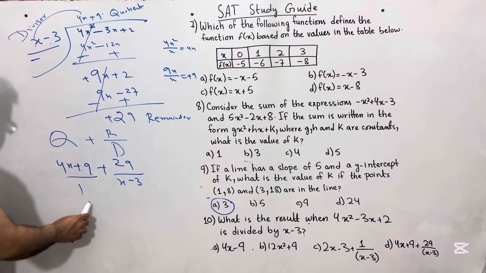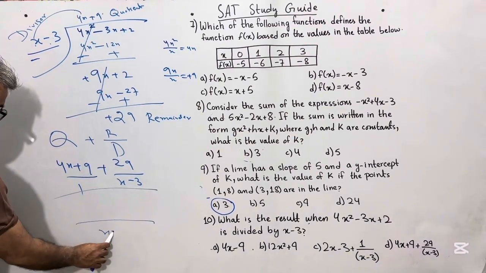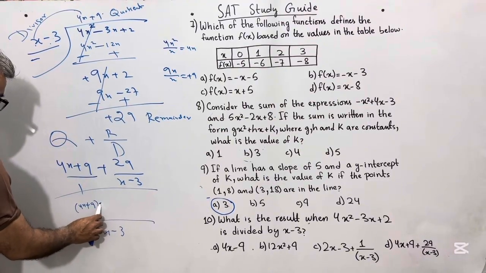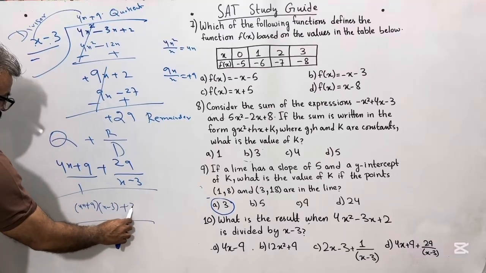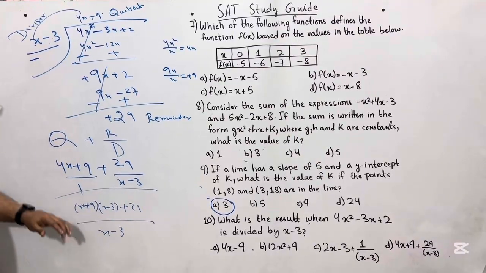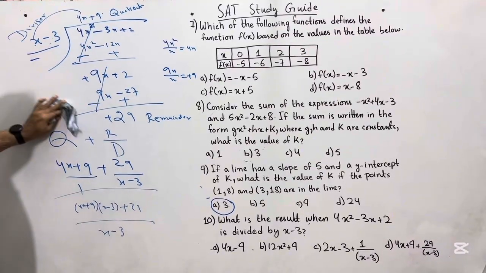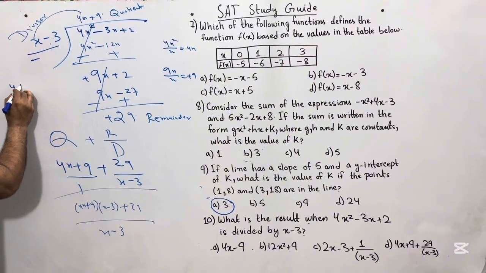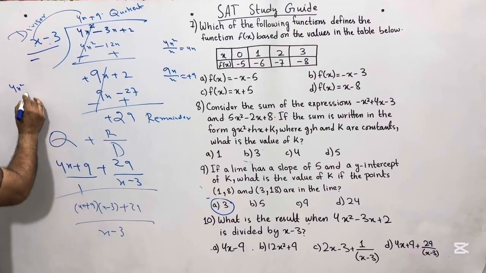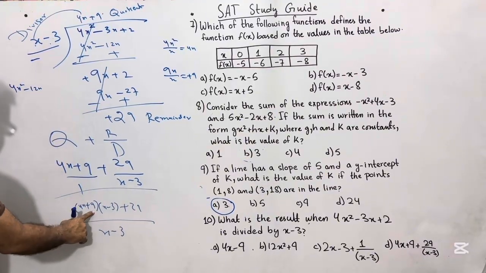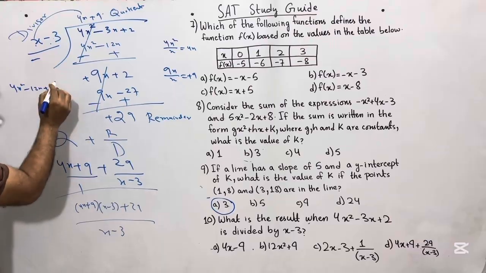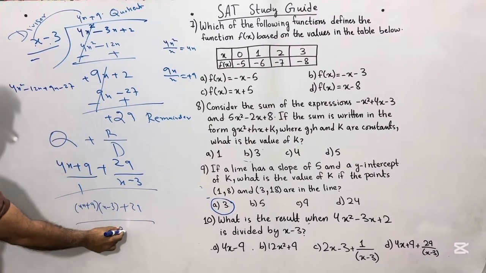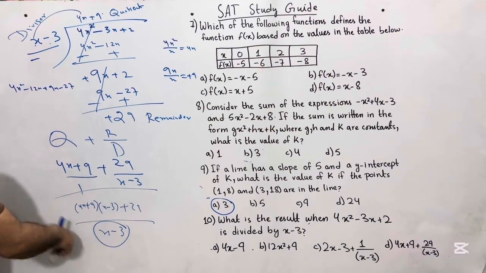Now let's verify this. x minus 3 is our LCM. Here it will become (4x plus 9) times (x minus 3) plus 29. Solve this. We have 4x squared. 4x times negative 3 is negative 12x. 9 times x is positive 9x. 9 times negative 3 is negative 27. The divisor remains the same.